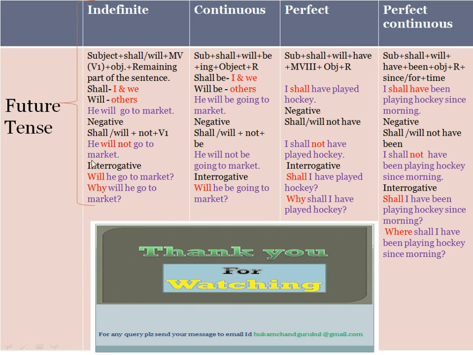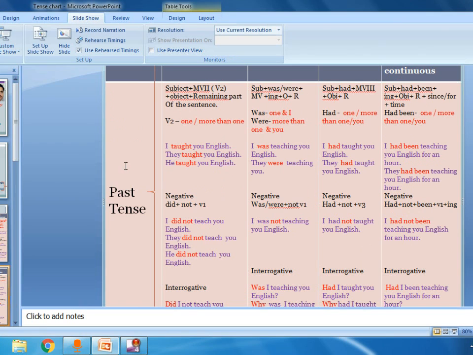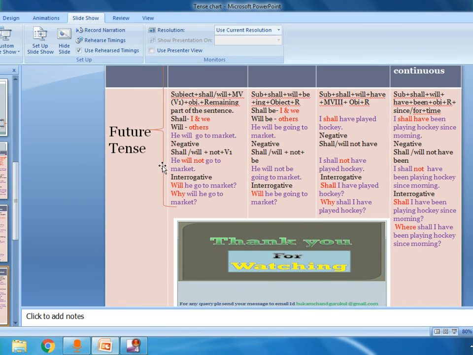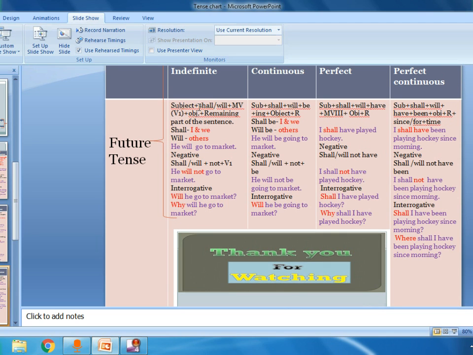So we can say the sentence belongs to future tense, future indefinite tense. Future continuous tense: here shall be and will be, with the same condition, I and we with shall be, others will be.